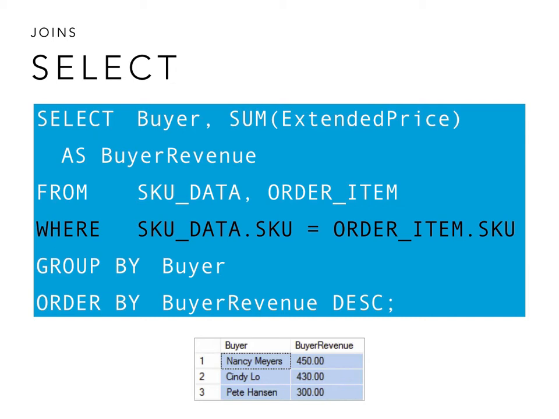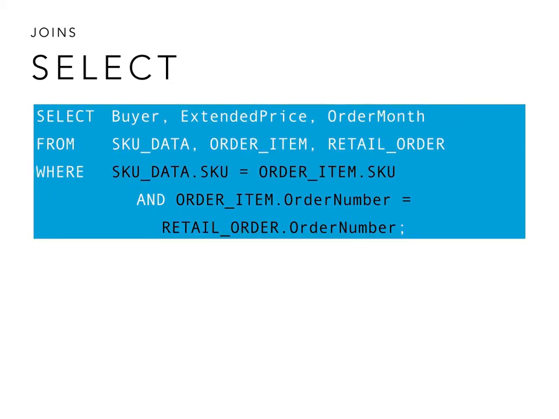If we had to connect 3 tables that were all connected through foreign key, primary key relationships like exists in our system, then in our join statement, we'd have to have 2 conditions. We'd have to explain, in this case, that the SKU data.SKU is equal to order item.SKU, and the order item.order number equals the retail order.order number.